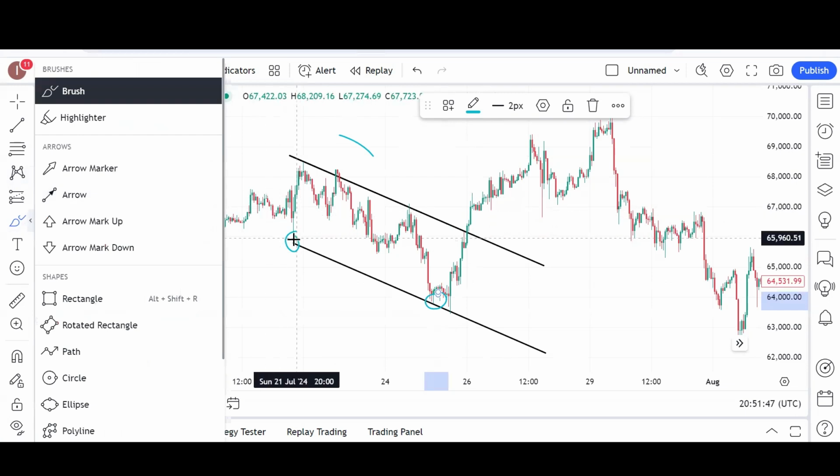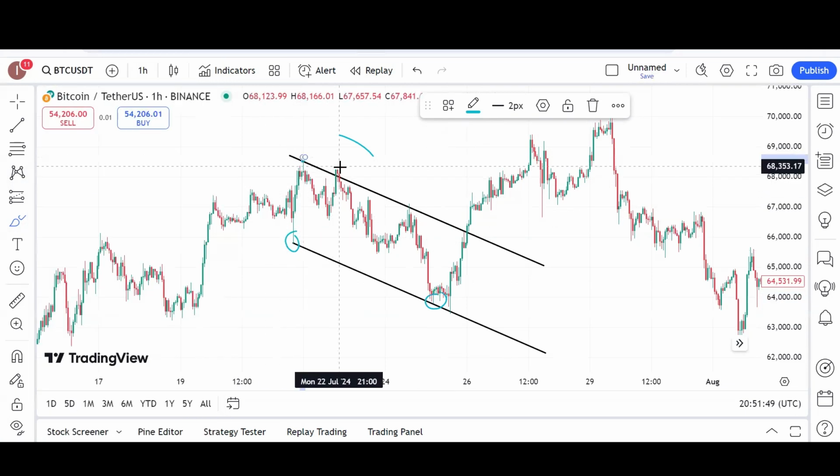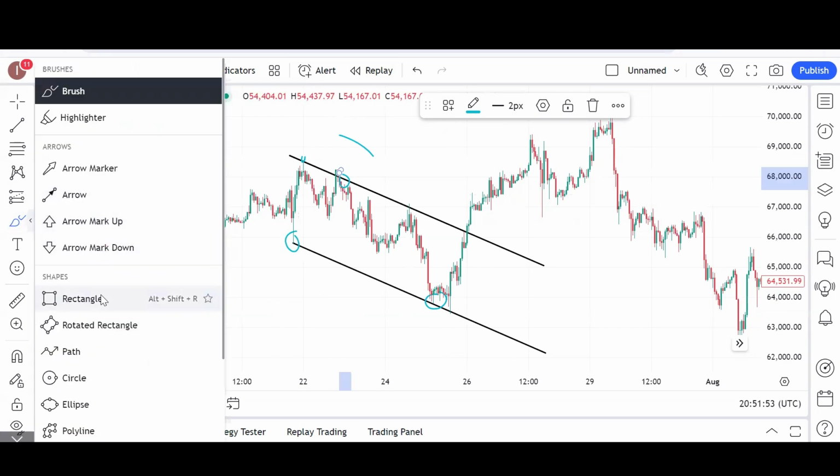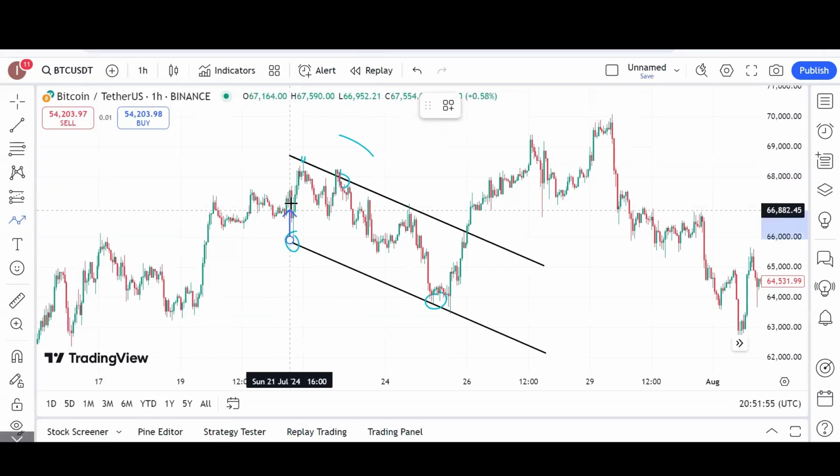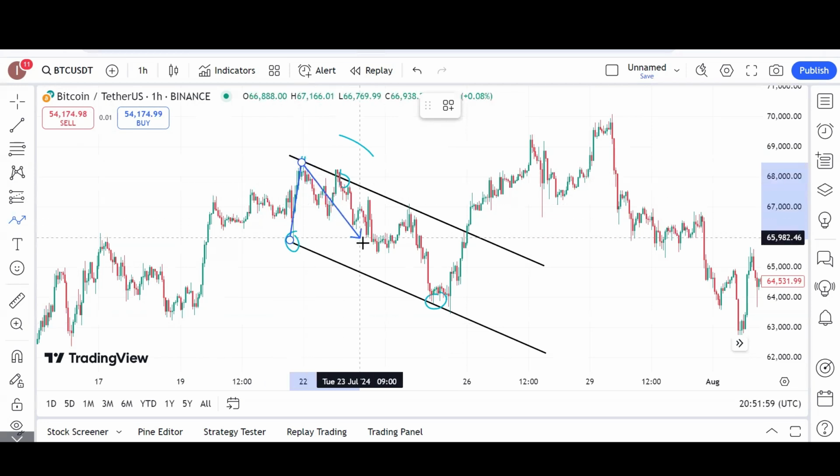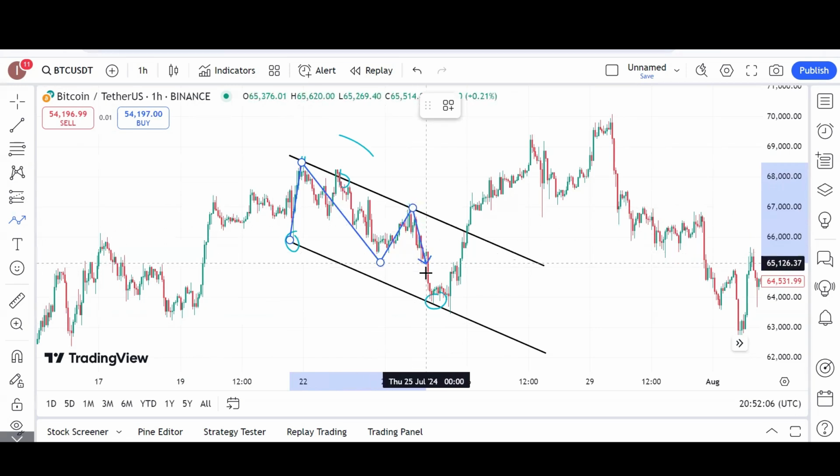As you can see, first tap, second tap, and now this is the resistance level. The market hit 68, then it again came near its support level. Okay, then it again tried to hit 66,970 point, but it again bounced back to its original support level.